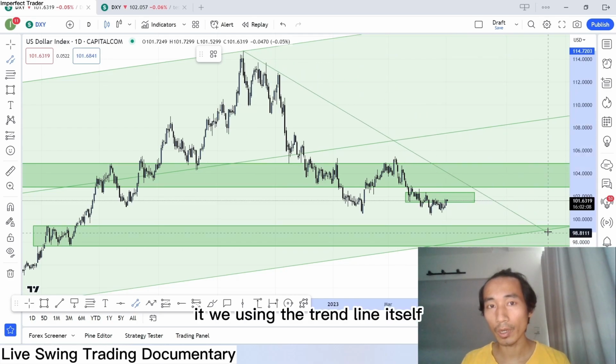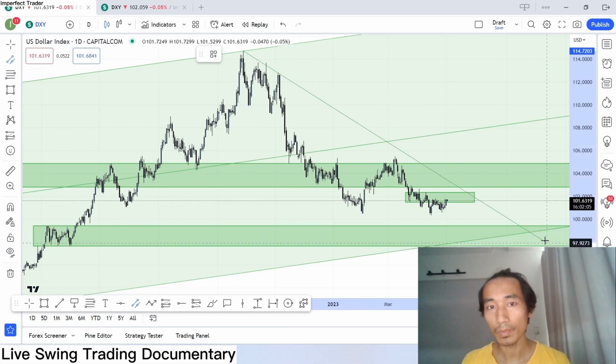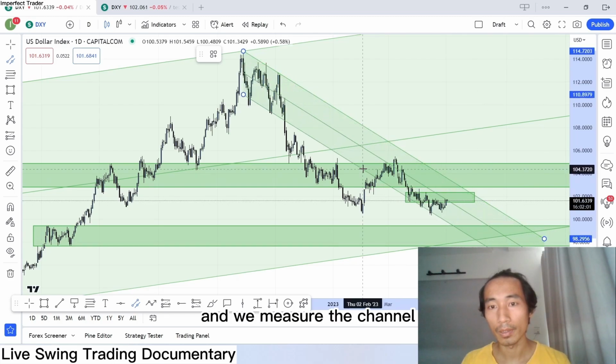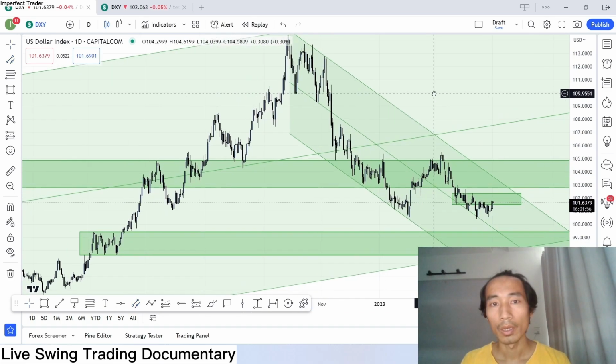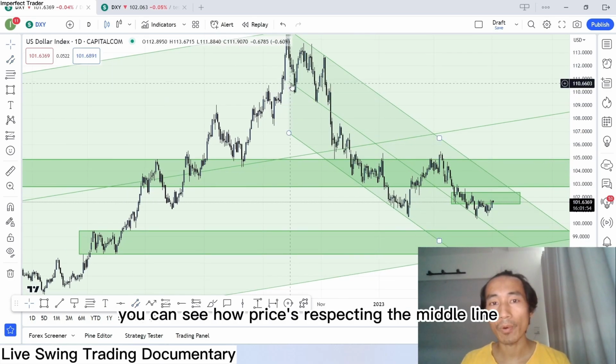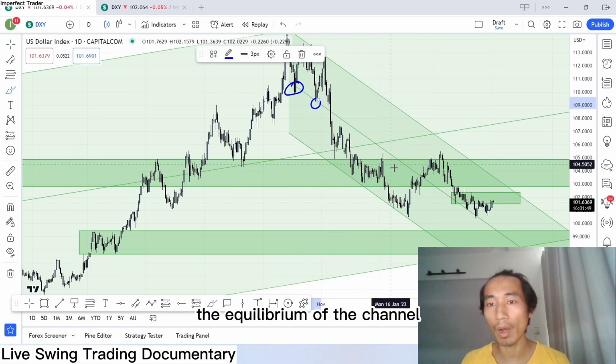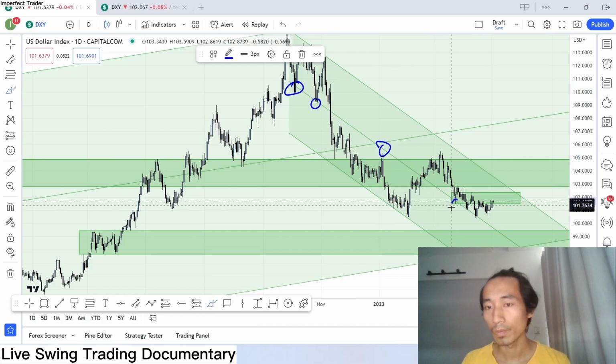If we're using the trend line itself and we measure the channel, you can see how price is respecting the middle line, the equilibrium of the channel.